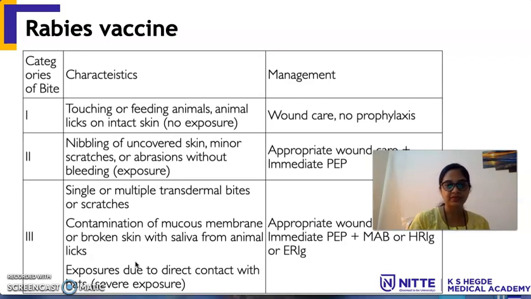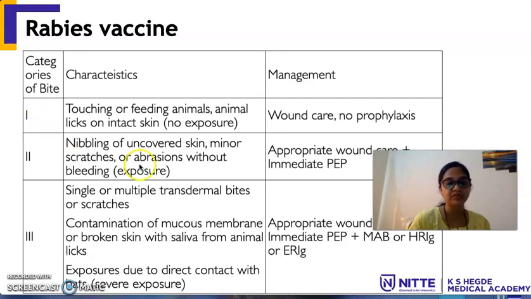Coming to an important vaccine, rabies. We all know that a rabies bite can be very fatal. When we have a rabies bite, we categorize them as 1, 2, 3. Category 3, which includes single or multiple transdermal bites, contamination of the mucous membrane, and exposure due to direct contact with bats, is very, very deadly and requires appropriate wound care along with post-exposure prophylaxis with monoclonal antibody or human rabies immunoglobulin.